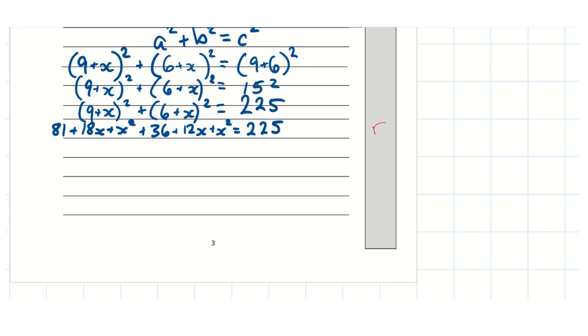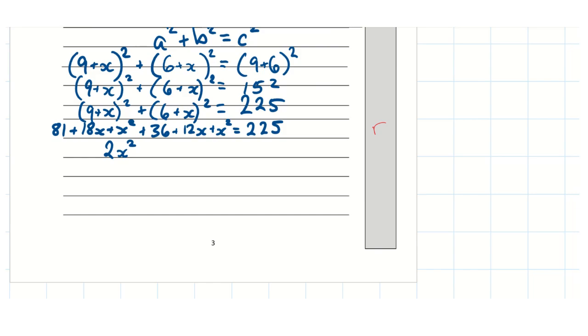So we've got some like terms. Let's put some highlights in our like terms. We've got an x squared and an x squared here. That's good to see. We've got an x here and an x here. Those are like terms as well. And we've got our 81 and our 36. So all of those are going to go together for us. When I've got two x squareds, I could write 2x squared.